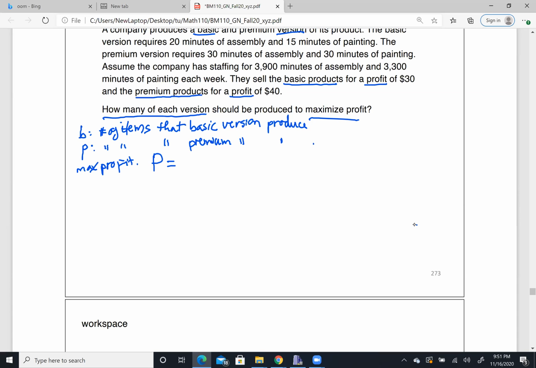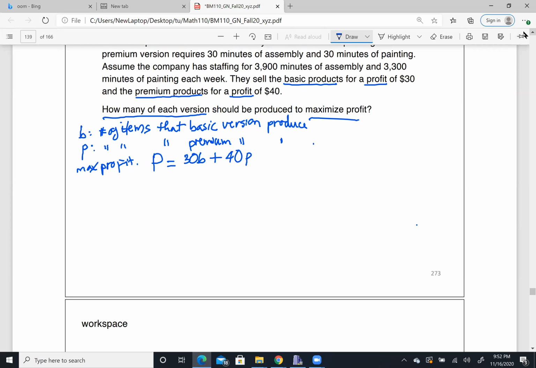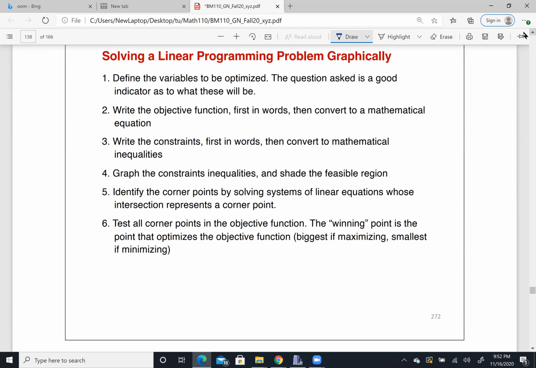So the basic product will be $30 for each item, so $30 times B plus $40 times P for each item. So that should be the profit function, and we want to maximize it. Okay. Now let's see what is the next step.